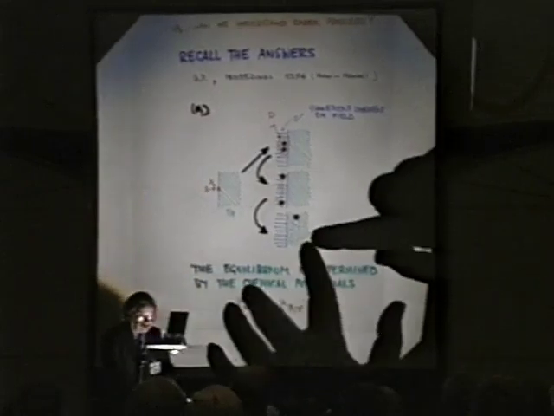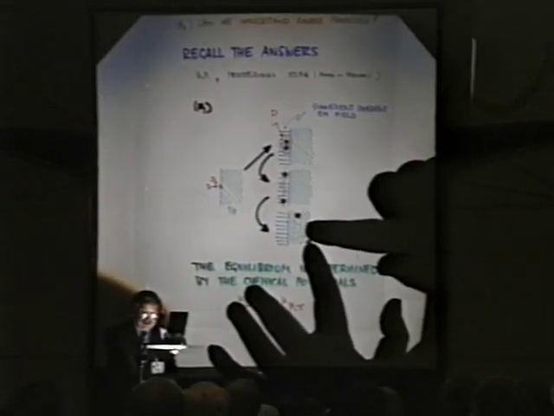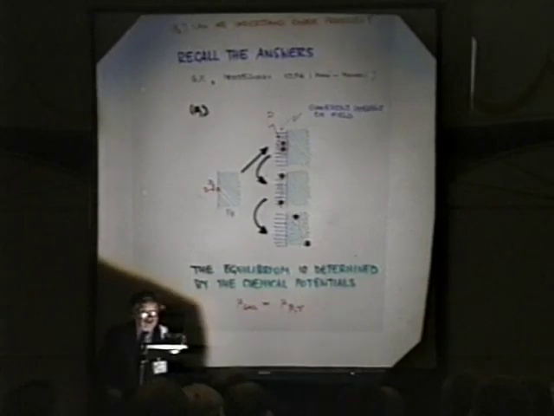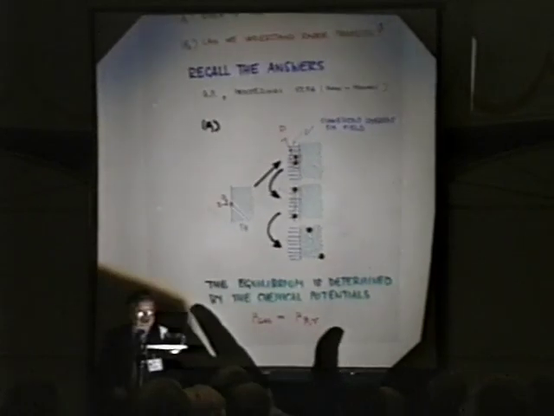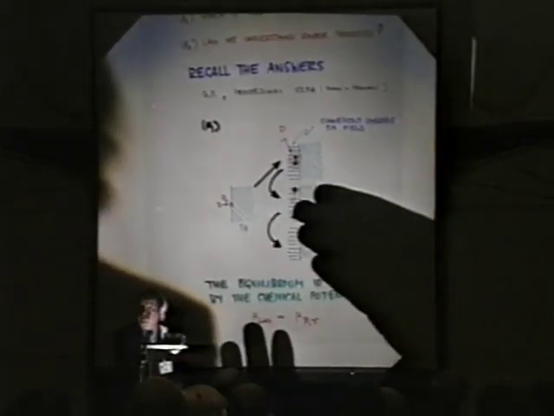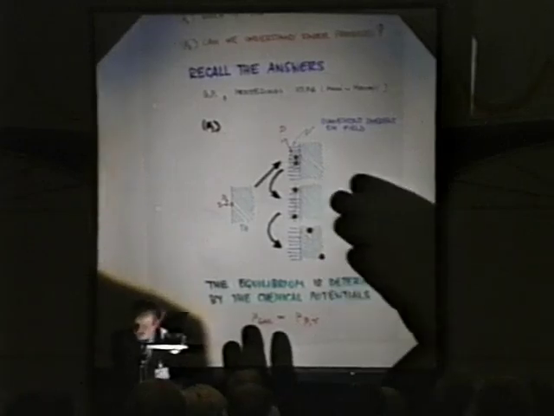Now, whether the deuterium with their electrons will go inside depends, of course, on the chemical potentials of the gas phase as compared to the chemical potential of palladium. All right. Thermodynamical equilibrium.